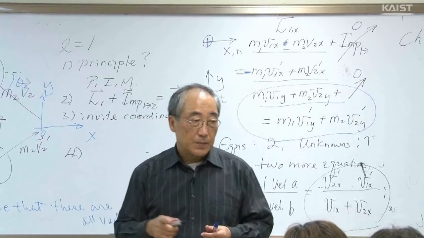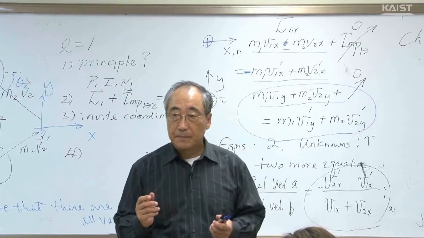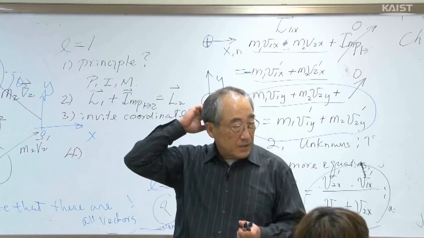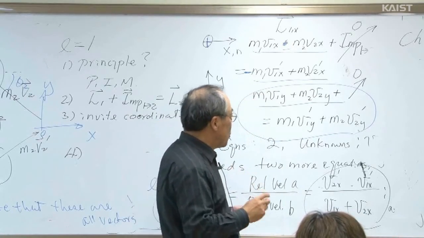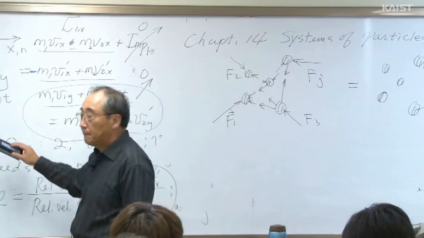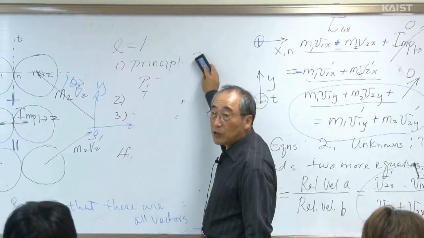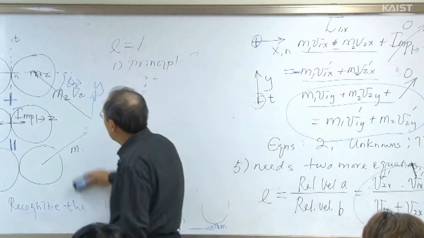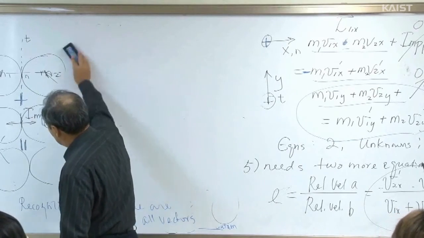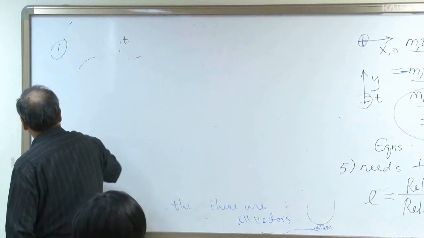So I will explain the basic concept of systems of particles dynamics by just introducing using two particles. Because if you understand what's going to happen in two particles, then you can understand what's going to happen in many particles. So start with the simplest case.